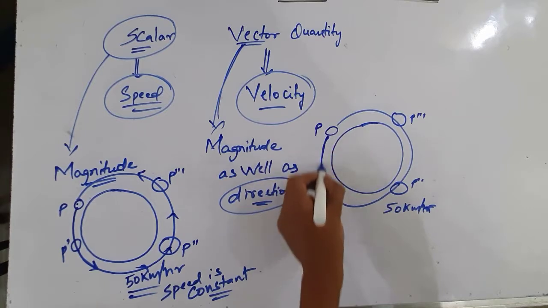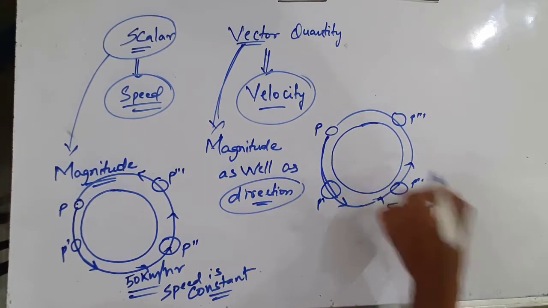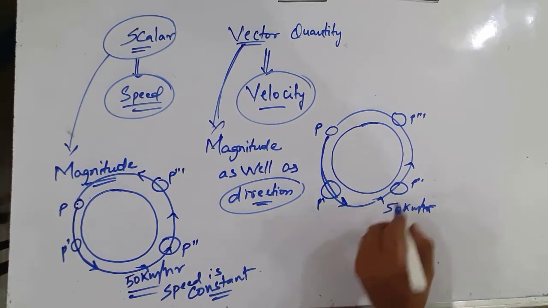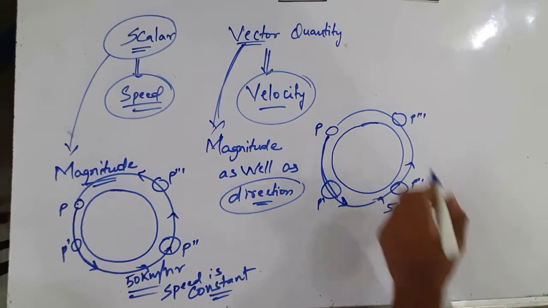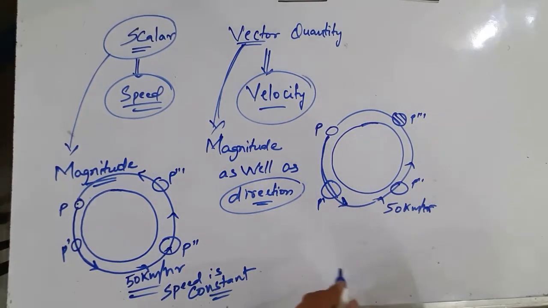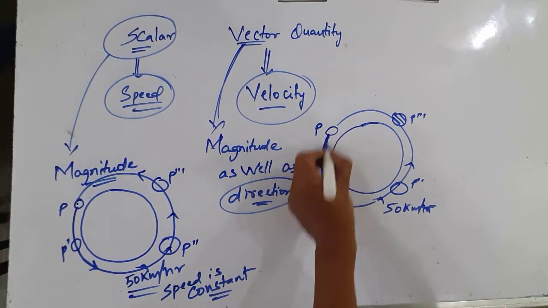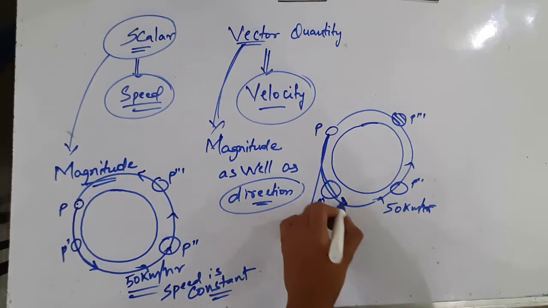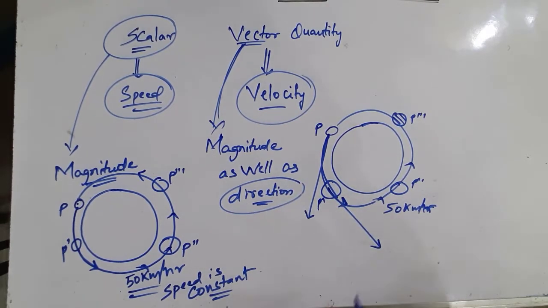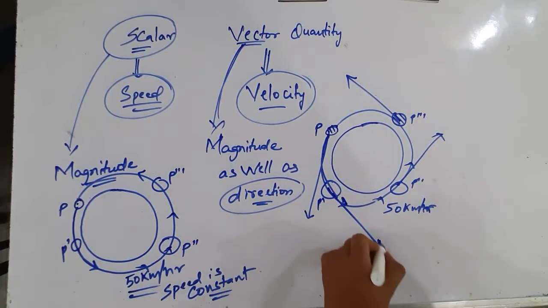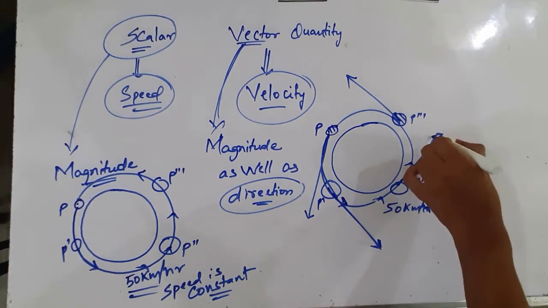The speed is the same everywhere, 50 km per hour. But at each point of time the body is changing its direction. At P the direction is along this path, at P dash along this path, at P double dash along this path. At each point the direction of motion of the body changes, that is, it is tangential.